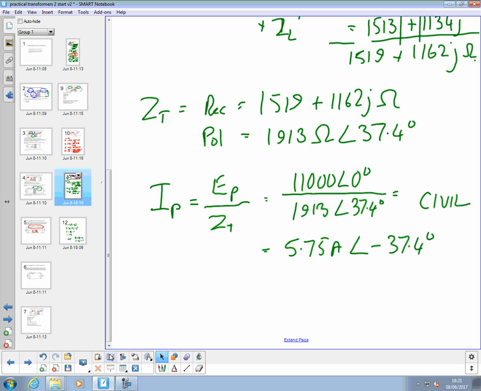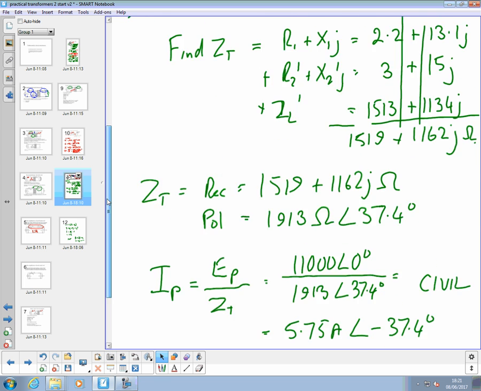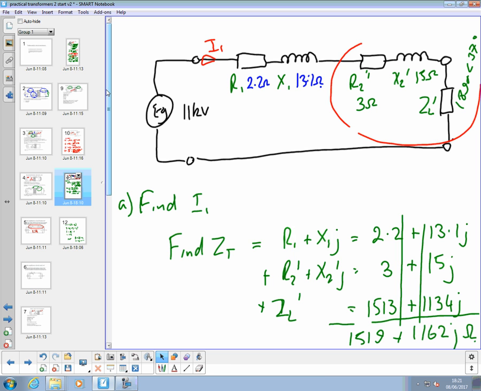The next thing is to find the voltage at the secondary terminals, ES. So we want to find the voltage across here, what it is actually on the secondary. We know this, that's ES dash.